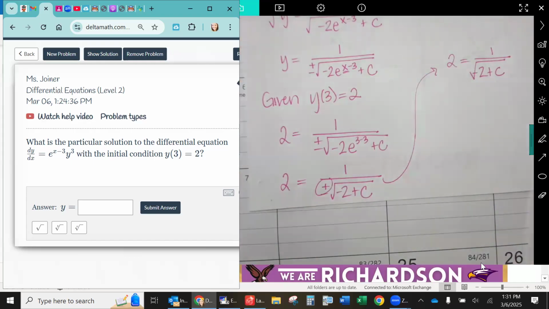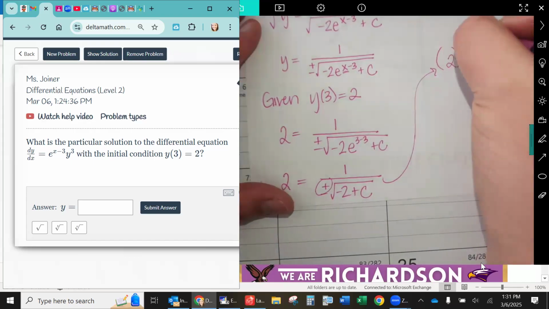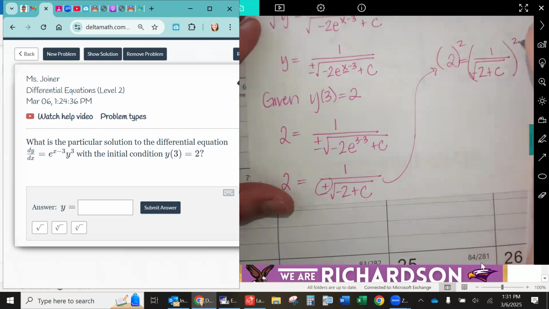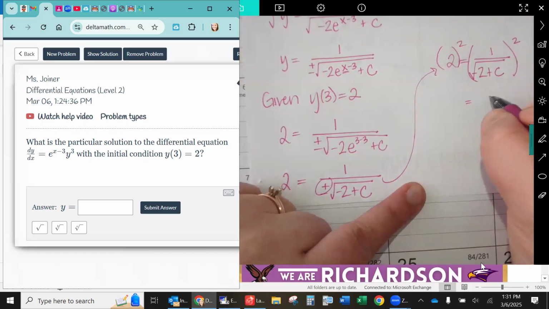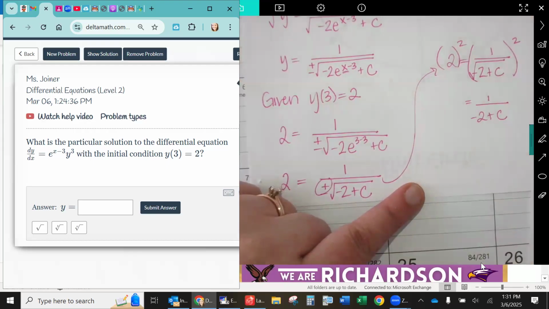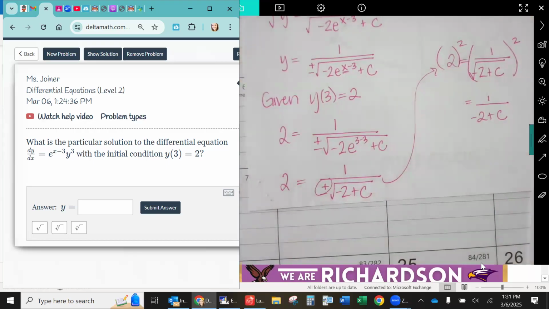Square. Remember, when you square both sides with fractions, you just square the top and the bottom separately. If my top is a 1 and I square it, it stays a 1. On the bottom, that eliminates the square root, leaving me with negative 2 plus c. On the other side, we had a 2, square it, what do you get? 4.